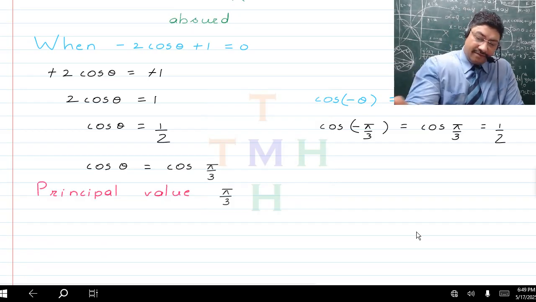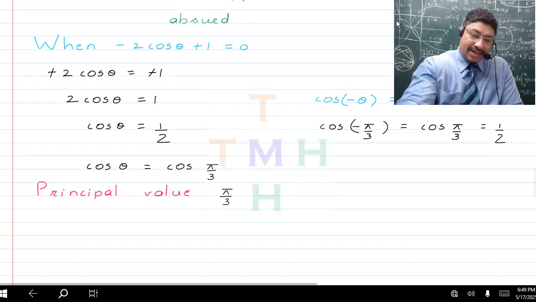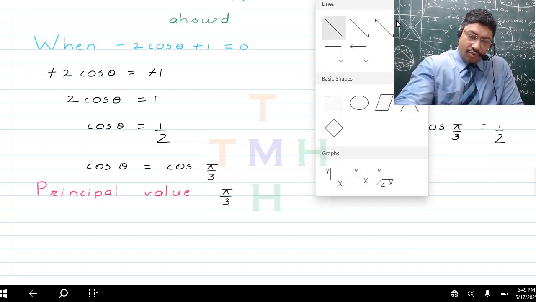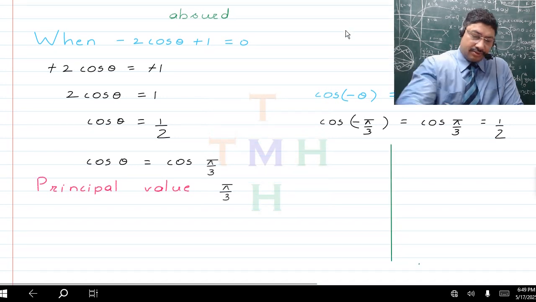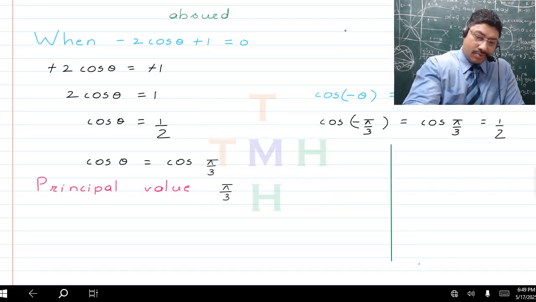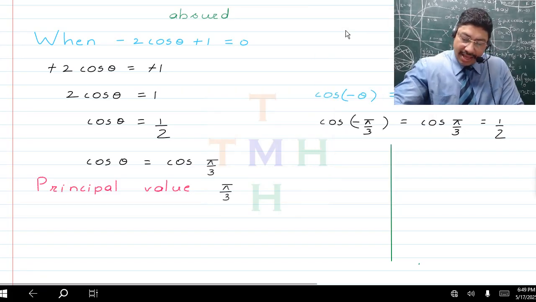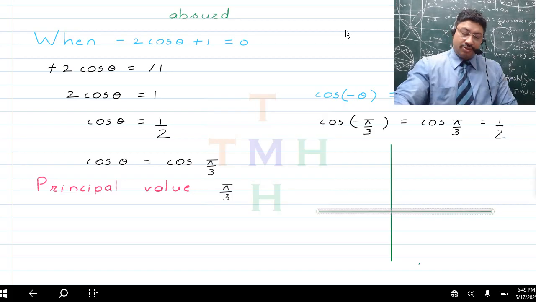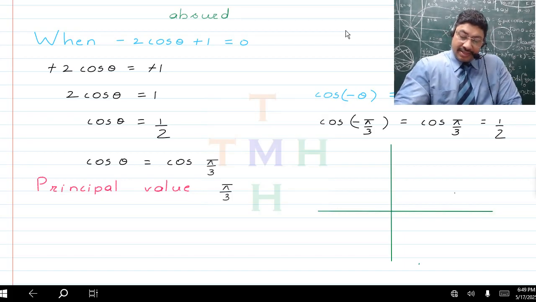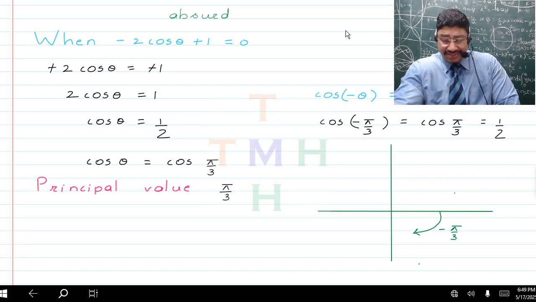If we talk about the 4 quadrants to be made something like this, this is the vertical line, and then we have the horizontal line, something like this. And now, children, if you talk about this angle that I was talking to you about, that is minus pi by 3, so this angle was minus pi by 3, which is the same as minus 60 degrees, right?